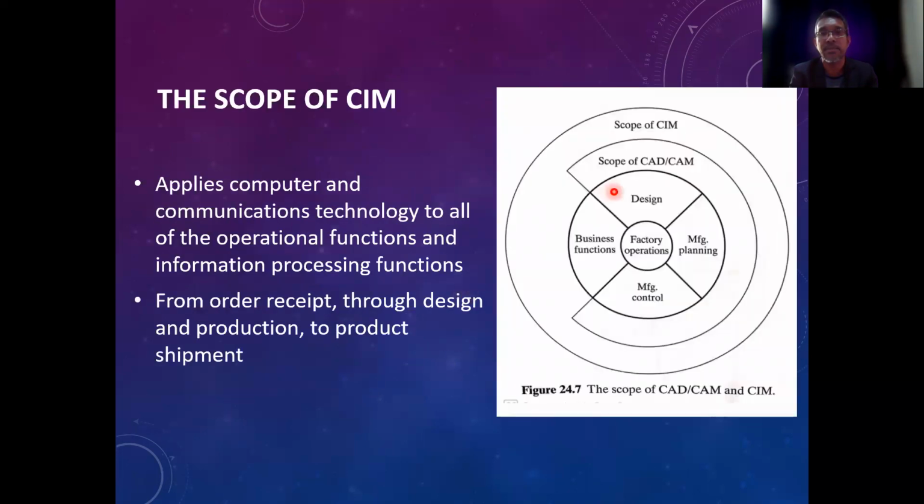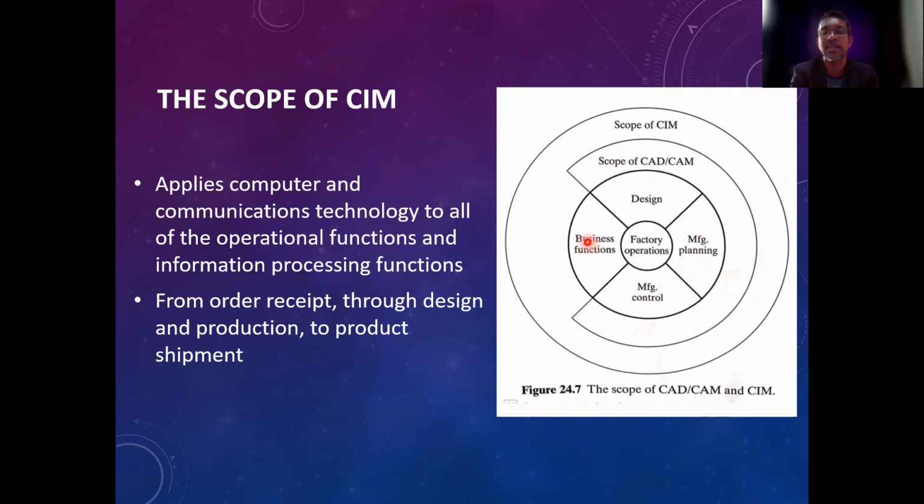So the scope of SIM, they will cover all, using the computer. So this is the scope of SIM. This one I already explained to you just now. The information circulates from the business function to design to manufacturing planning, manufacturing control.